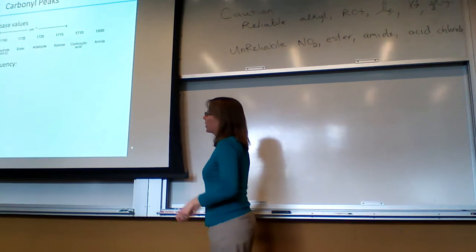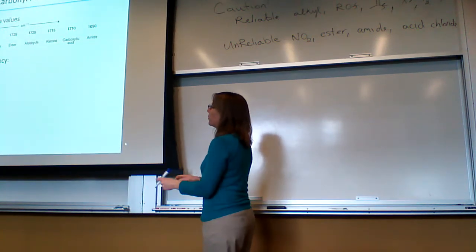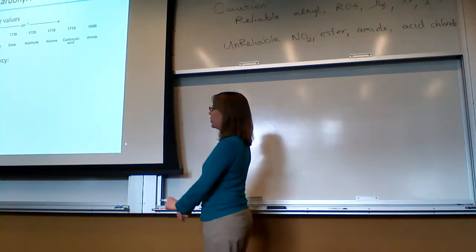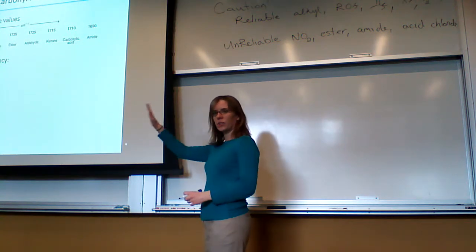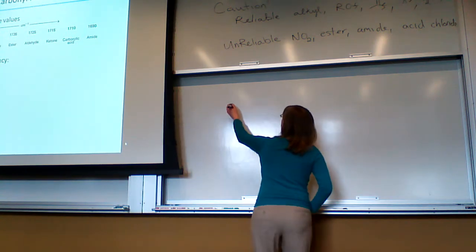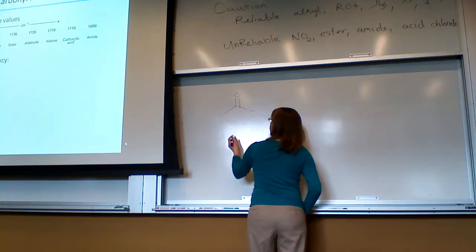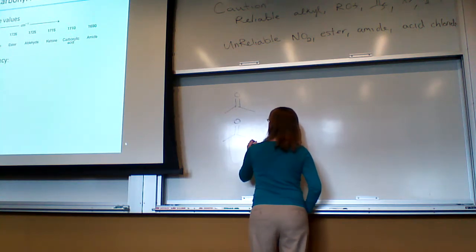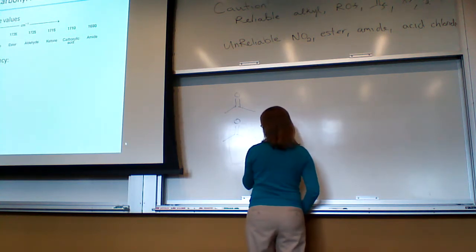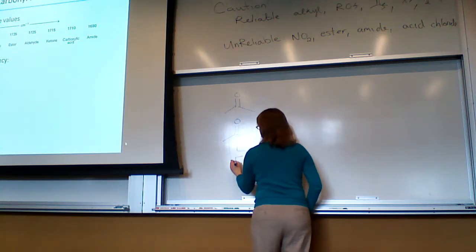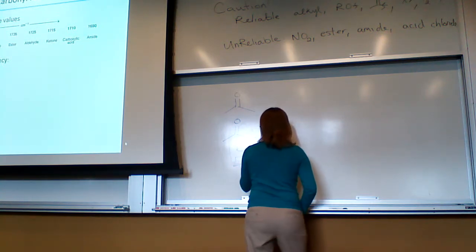So for a ketone, we're at 1715, but then when you look at an ester, an anhydride, or an acid chloride, all of those are a little bit higher. That is because when you change from a ketone to an ester, or one of the other functional groups, we've added an electron withdrawing group.